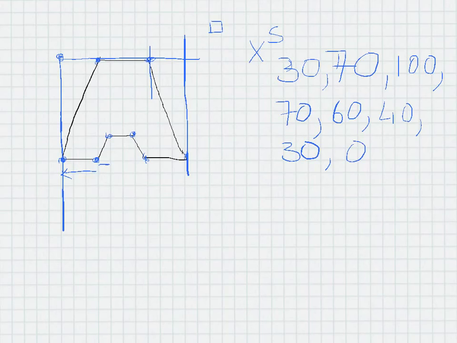Now let's look at the y points. So we've got our y's. Now it's important to make sure that we start at the exact same dot and go in the exact same order, so we need to end up with the same number of values. So that first one, considering where I drew my 0, 0, is actually at 0 for its y value.